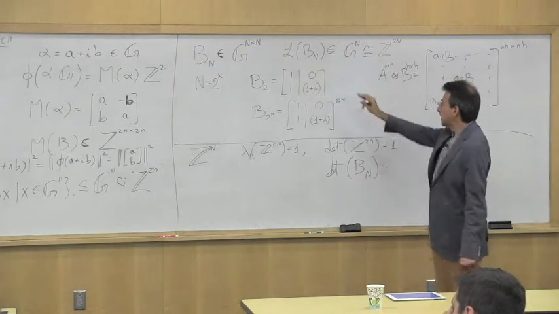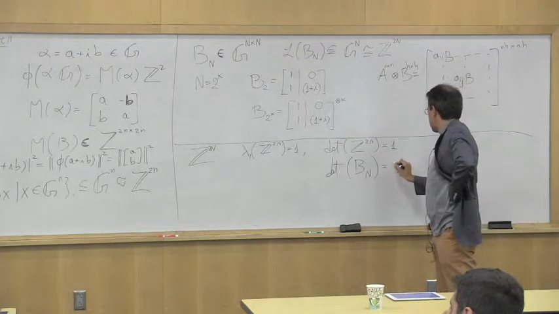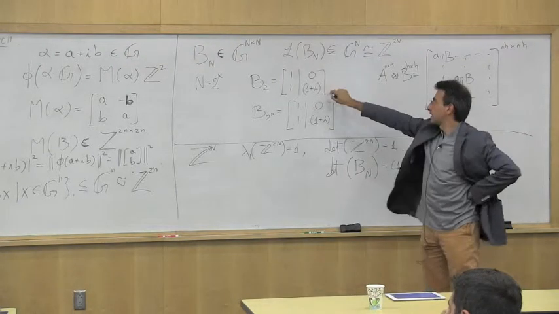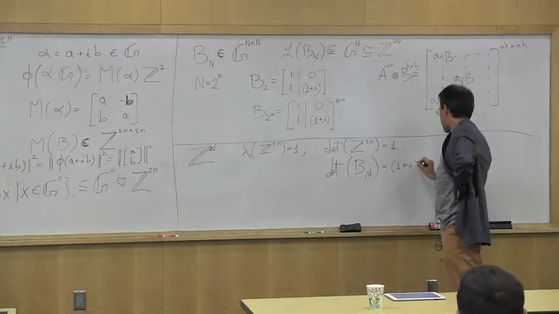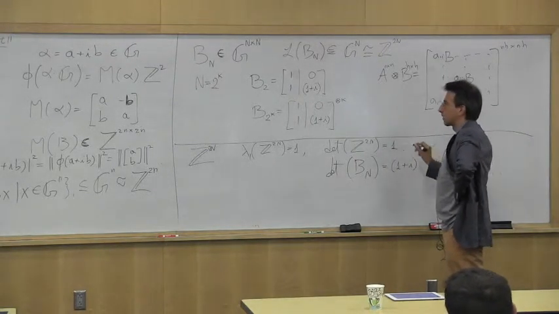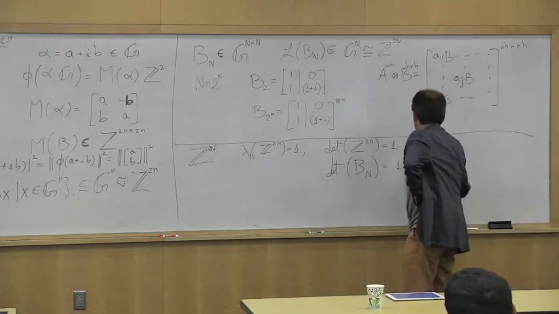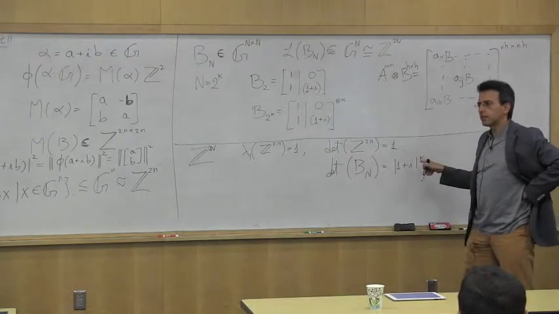So the determinant of the Barnes-Wall lattice, this is just a diagonal matrix, so you get 1 plus i to the power little k. And here we are taking the square of the modulus. Is this correct that it gets squared?